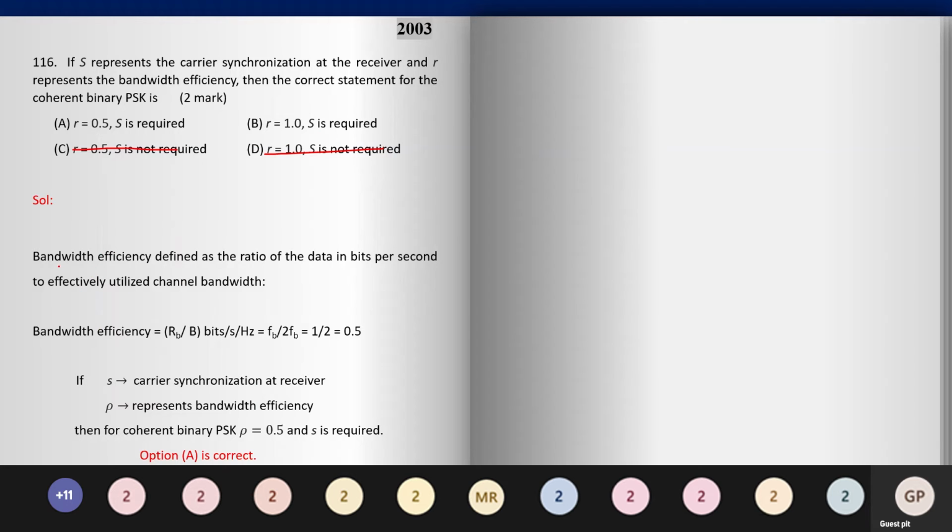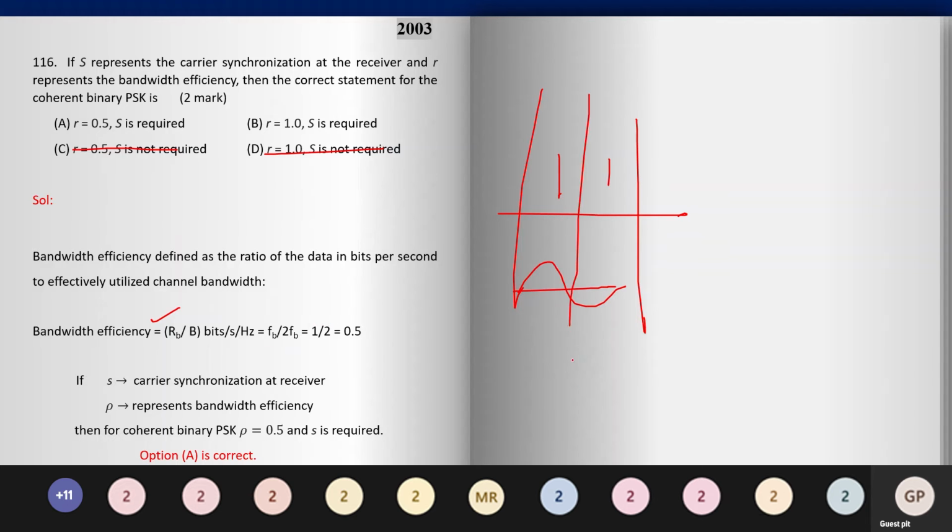For bandwidth efficiency, the formula is RB by B, that is the data bit rate divided by bandwidth, and the unit is bits per second per hertz. So RB by 2RB. In BPSK we have two data values, and for a single bit you have to make the variations.